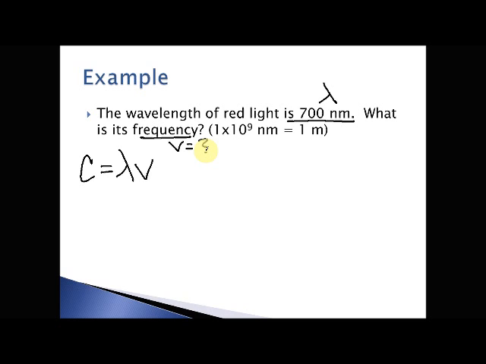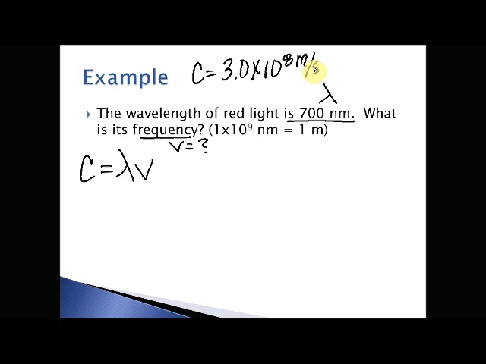And remember that C, the speed of light, is 3.0 times 10 to the 8th meters per second. Okay, so the last thing we have to do, we cannot put 700 nanometers in our problem because the speed of light equation needs it to be in meters, okay? So we need to first convert that before we go.